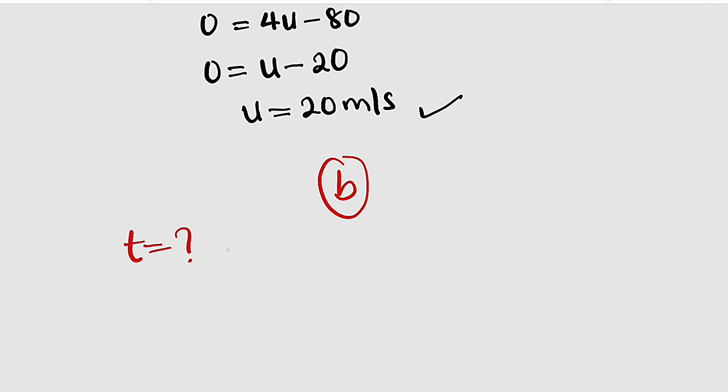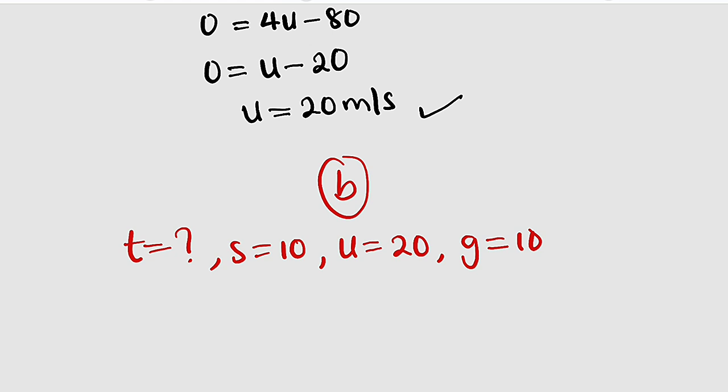The displacement is 10, and it is positive because it is upward movement. And what else again? Initial velocity, we have just obtained that to be 20. Then acceleration due to gravity is also 10.